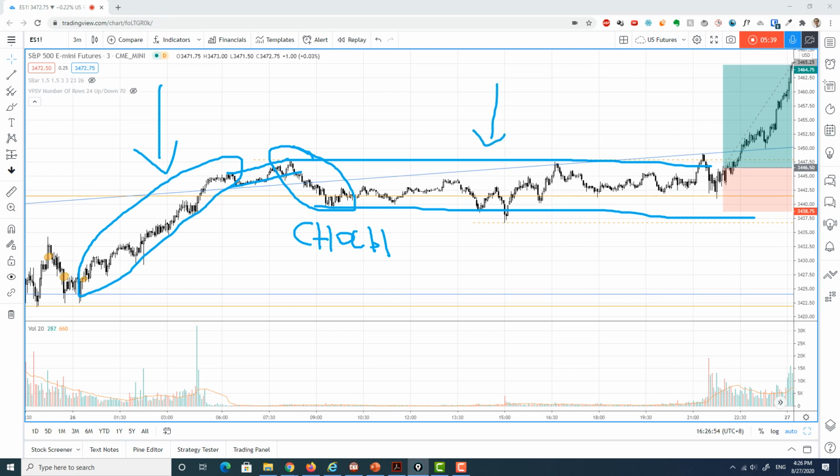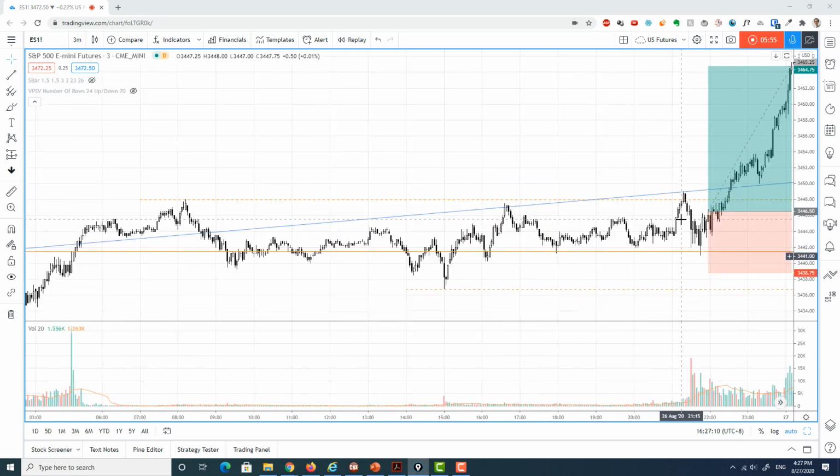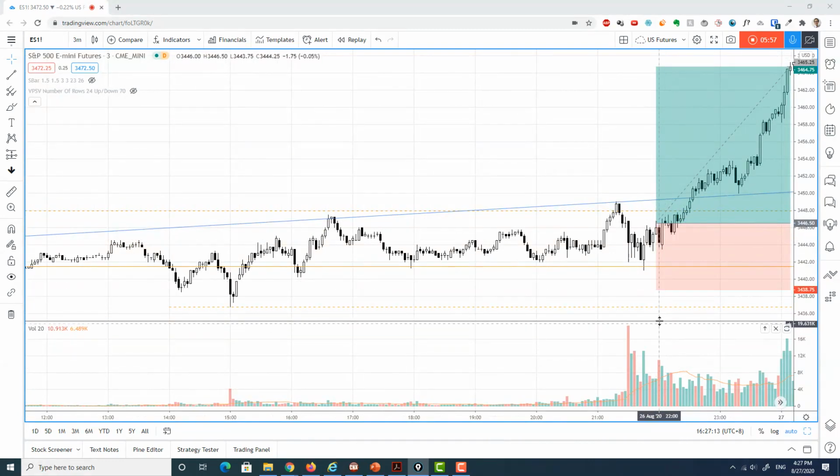This is a trading range, and it is pretty much at 34.37 to 34.47, so it is just a 10-point tight range. This trade actually happened about 10 p.m. my time, so it is about half an hour after the US opening.